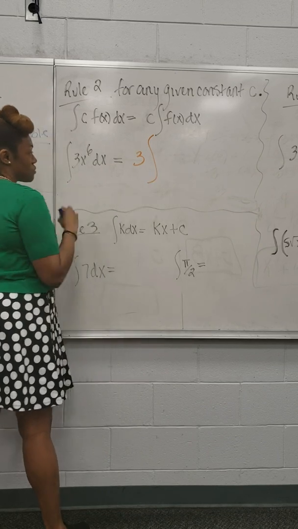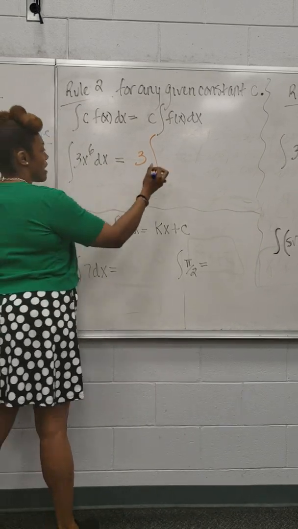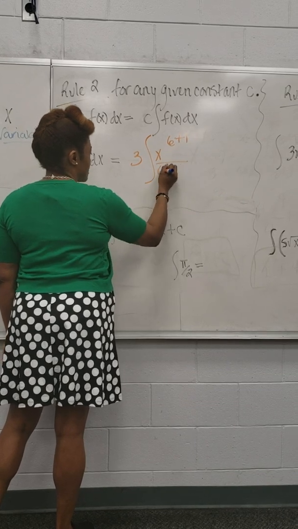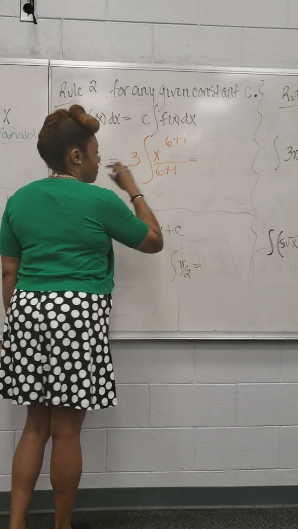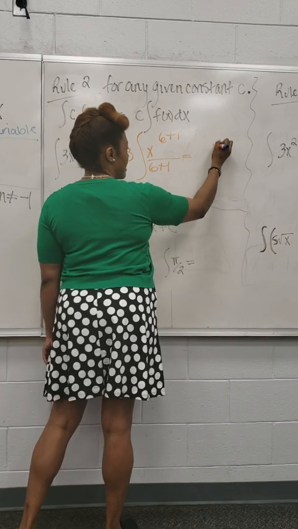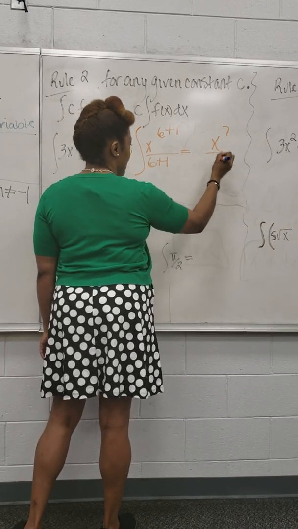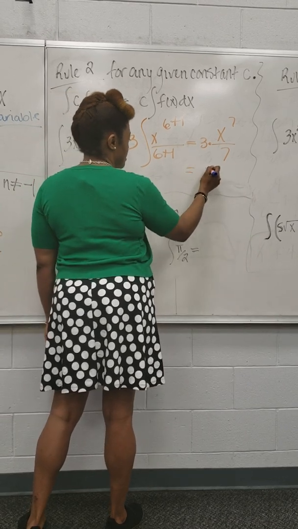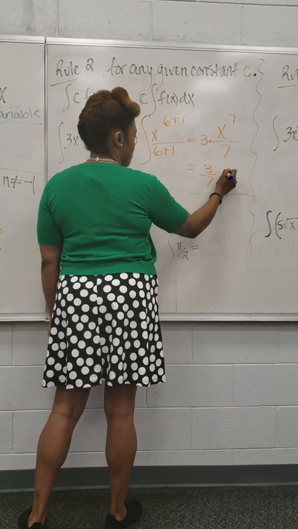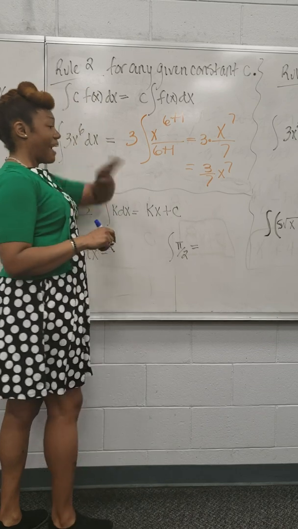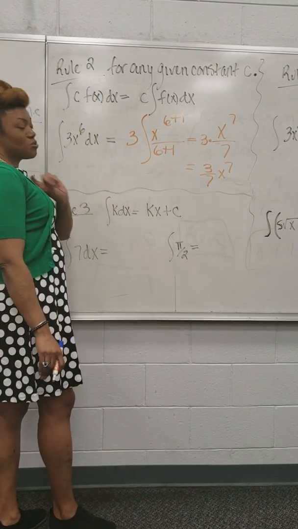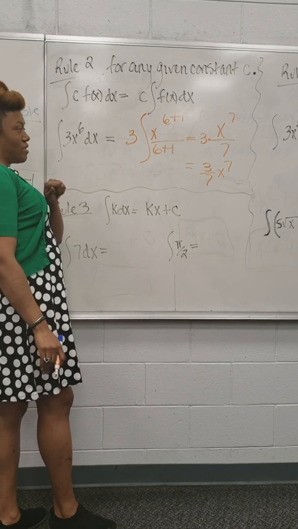What they really want you to do is pull the 3 out to the front and do x to the 6 plus 1 over 6 plus 1. That gives us x to the 7th over 7, and then we multiply that by 3, which gives us 3 over 7 x to the 7th.